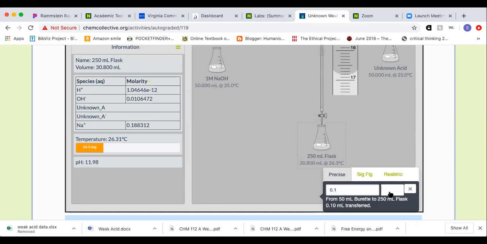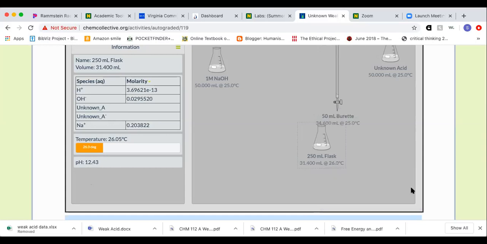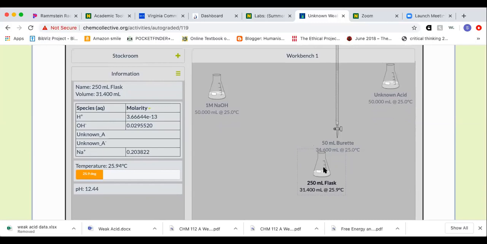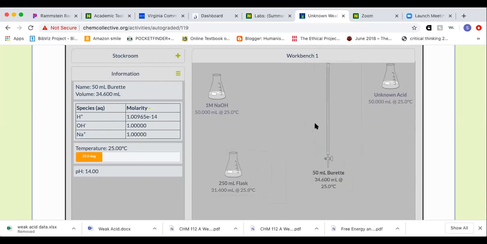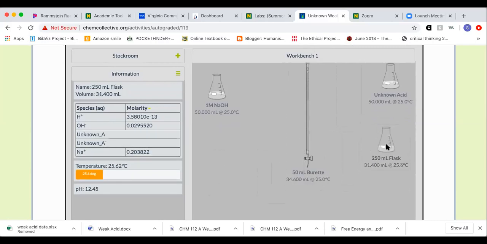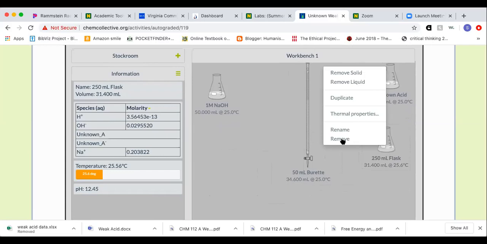As we go through and do this at a smaller amount, we get a larger set of data. You probably want to have at least 2 trials with this. I found that I might do a second or a third one.